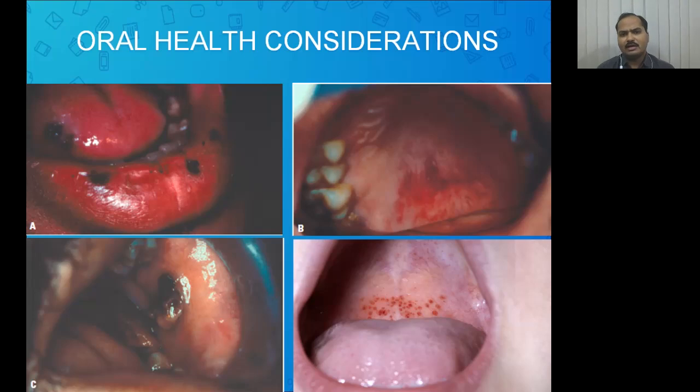So it can be seen as a frank bleeding area, as a submucosal bleeding area. The color may vary from reddish to bluish to blackish, and in some cases crusting is formed. Petechial hemorrhages can also be seen on the soft palate or the junction of the soft and the hard palate, many times in bleeding disorders. And erythematous patches can also be seen on the oral mucosa.